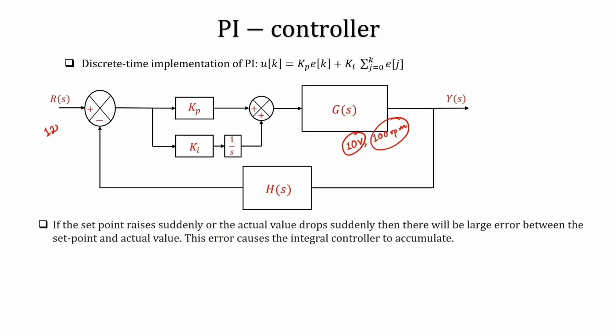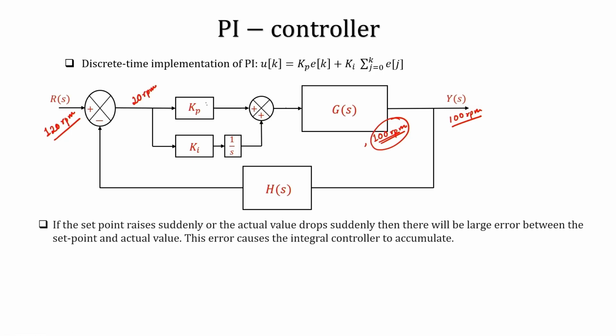Now suppose your desired speed is 120 RPM, and the output here is stuck at 10 volt, it cannot go beyond that. So the RPM is stuck at 100 RPM. Now what will happen if it is stuck at 100 RPM? The error will always be 20 RPM here.